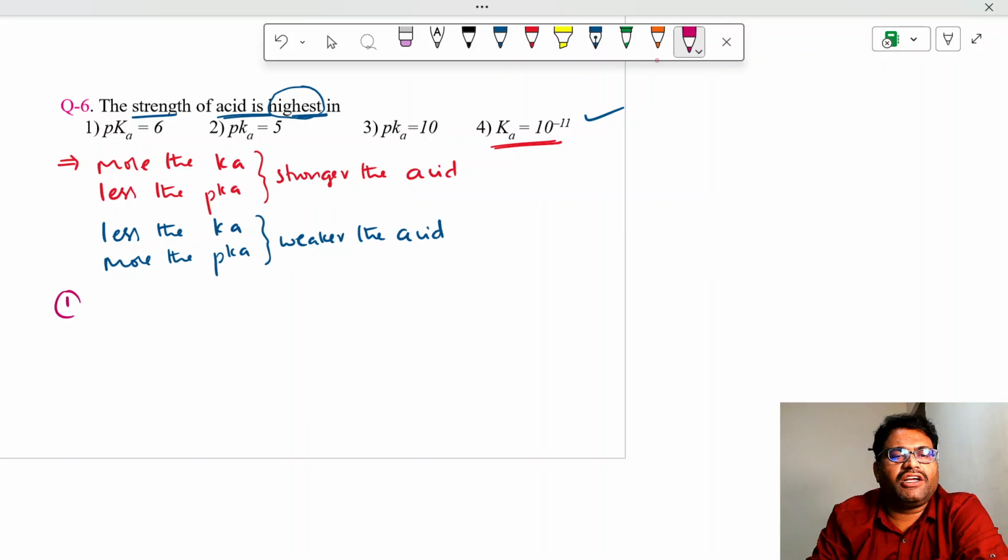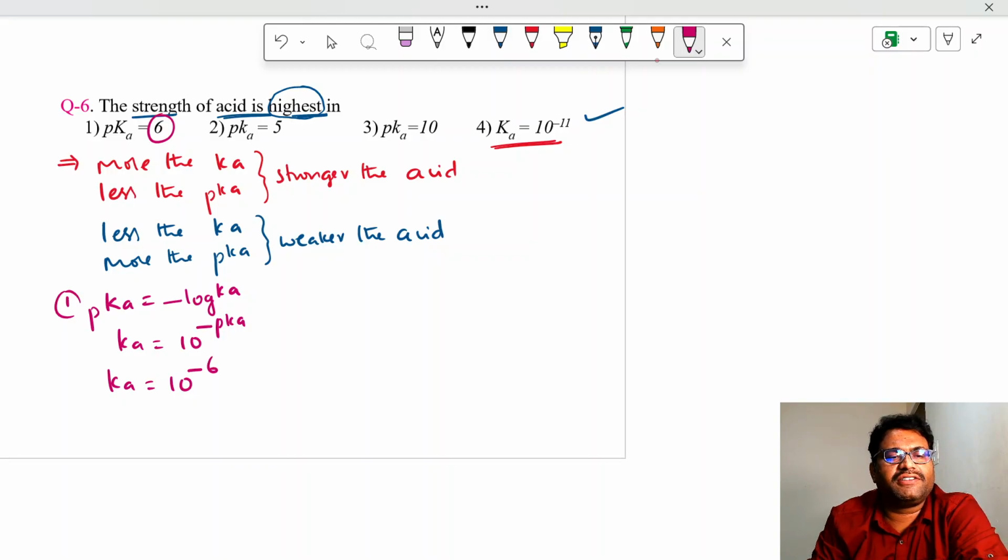We know that pKa is equal to minus log Ka, and Ka is equal to 10 power minus pKa. So Ka is equal to 10 power minus how much is given pKa? 6, 10 power minus 6.